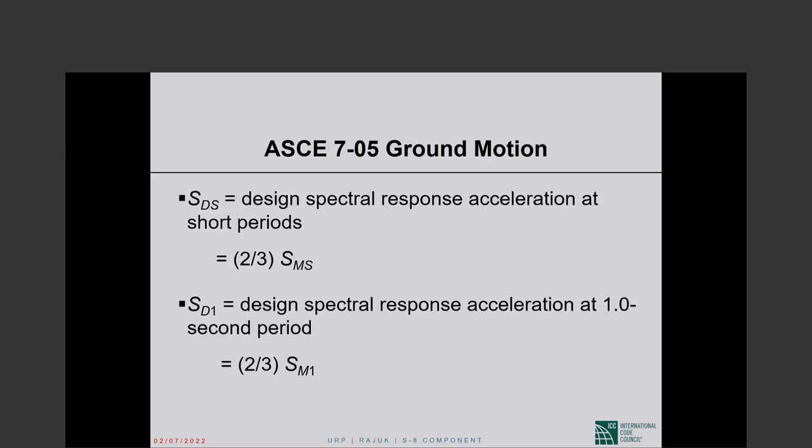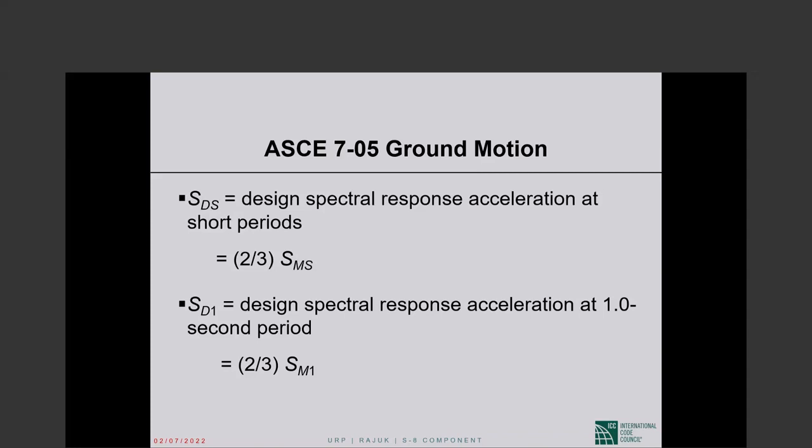So we believe that buildings designed by the 1973 UBC or subsequent building codes are unlikely to collapse until earthquake ground motion equals and then exceeds 1.5 times the design earthquake ground motion of those days, which had a 90% probability of exceedance in 50 years.